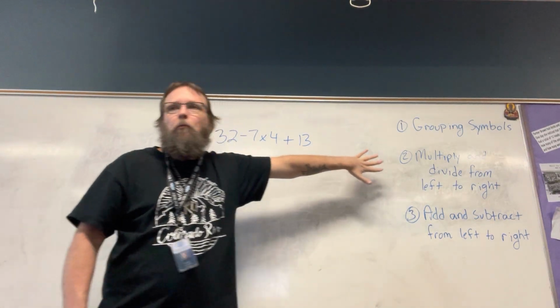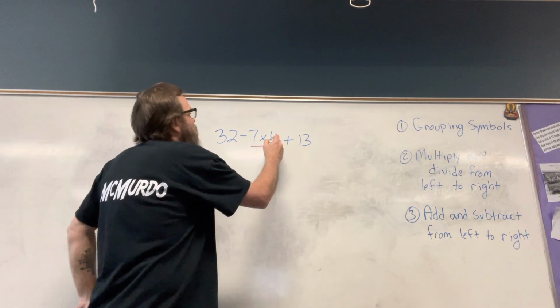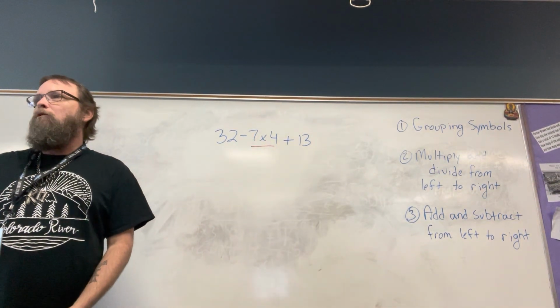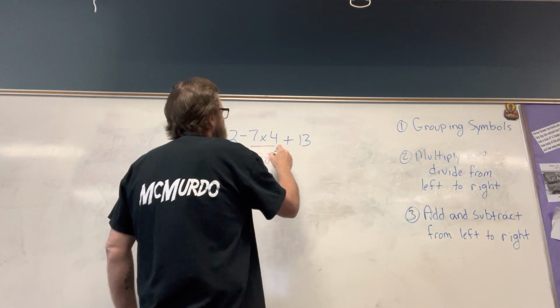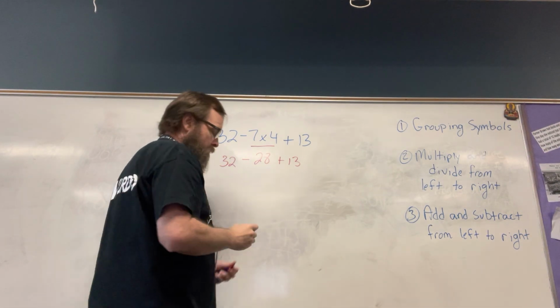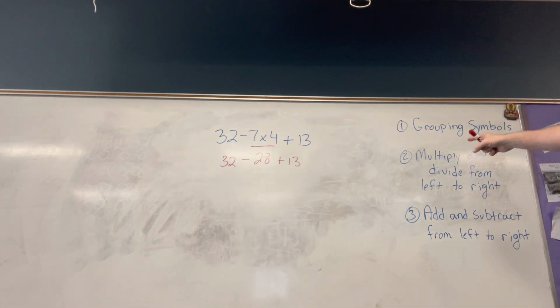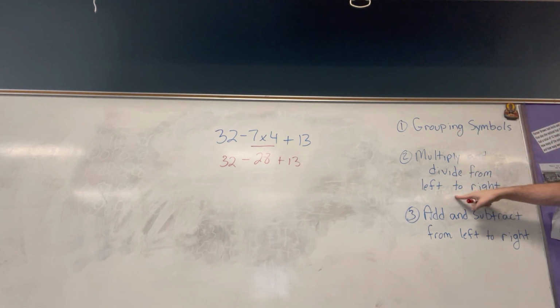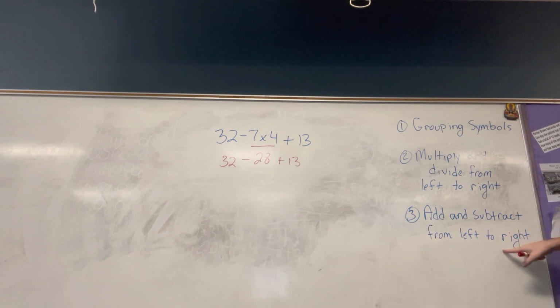No. Is there any multiplication or division? Then that's what I do. And my multiplication is 7 times 4, which equals 28. And I bring down everything I haven't used yet. Are there any grouping symbols? No. Any multiplication or division? No. Addition and subtraction? Yes. I work from left to right.